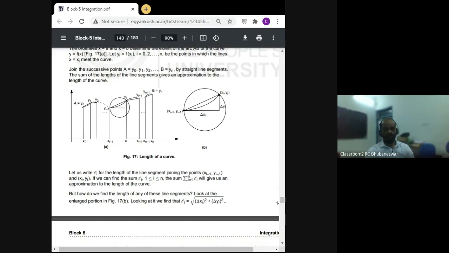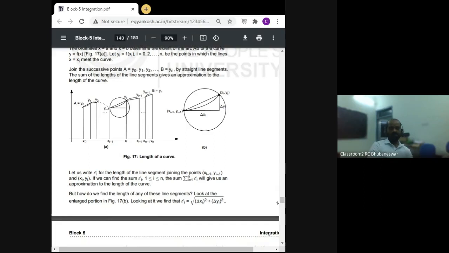Here, look at the small change in the x-axis, that is delta xi, and the small change in the y-axis, that is delta yi. These values are very useful to calculate the length of the curve, because if we partition the interval of the function, the small partitions are represented as x0, x1, then x1, x2, and so on.